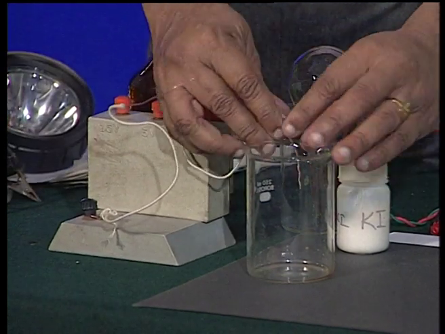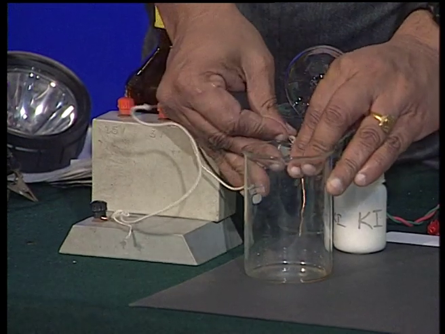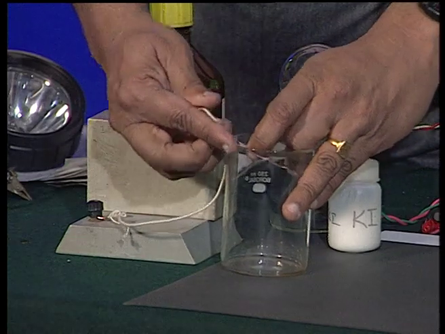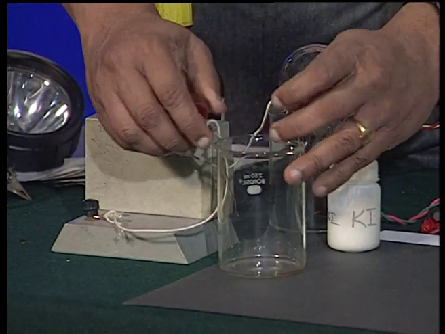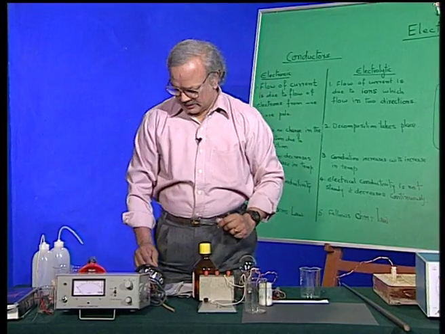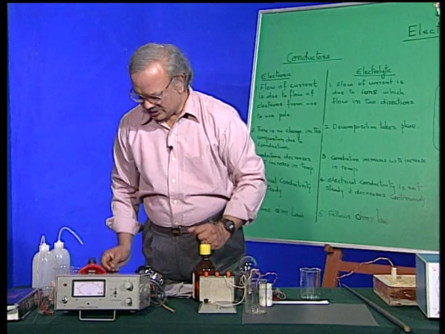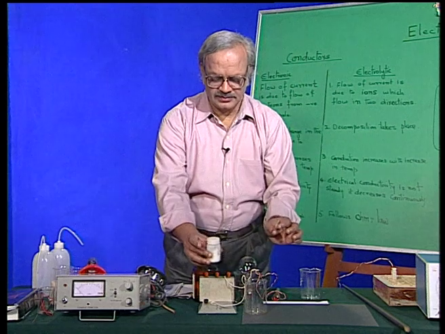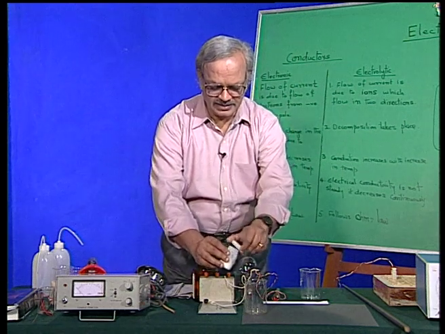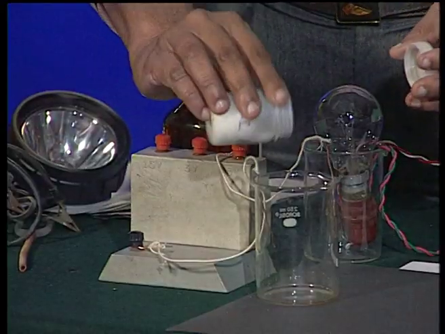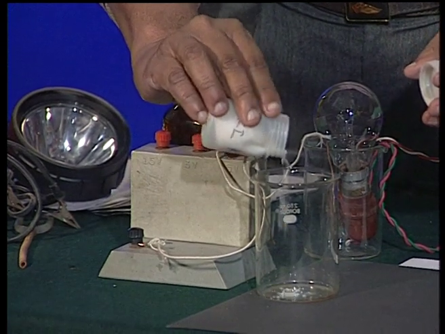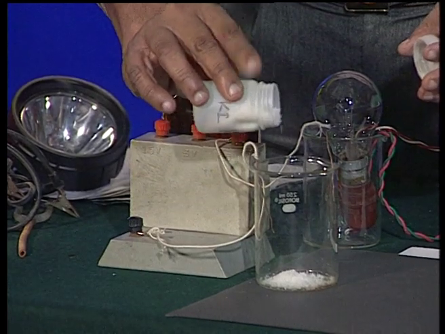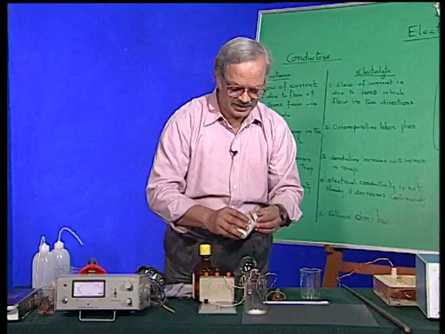We will allow a small amount of electric current to pass through this and adjust these two wires suitably and take a solution of potassium iodide. Here I have got solid potassium iodide taken in a small container. I am going to add this potassium iodide here. This is solid potassium iodide.